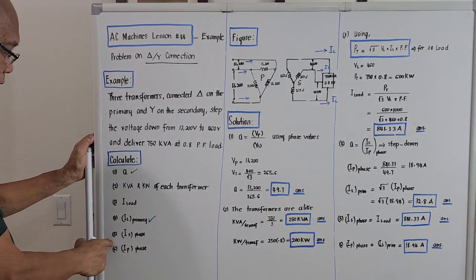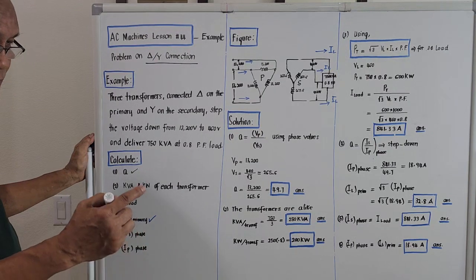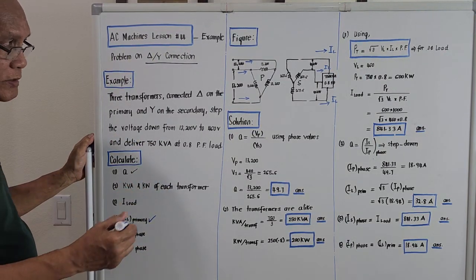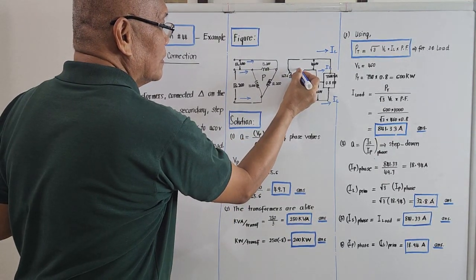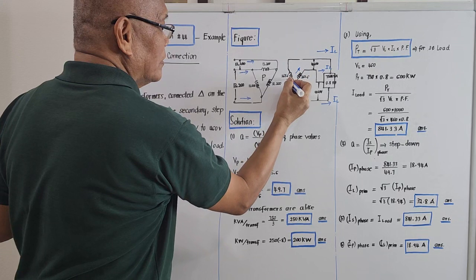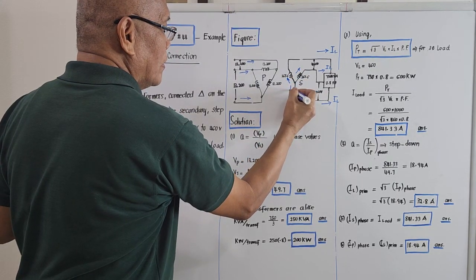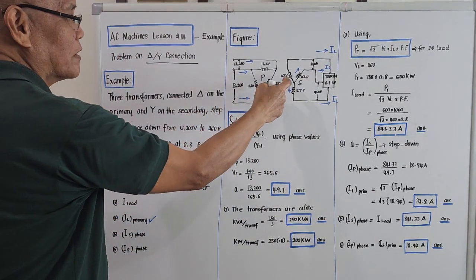Number 5, I with the subscript phase, meaning the secondary phase current. Phase current is the current passing through the windings, right? So the current passing here, coming out here. The problem is asking for this phase current here.